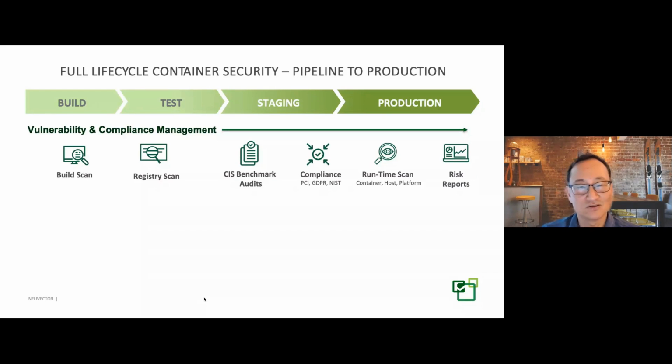And that build phase of that pipeline can be failed. It can be kicked back to developers under certain conditions. So for example, if it's a critical vulnerability with a certain rating and there's a fix available, because if there's no fix available, then the developer can't remediate that.